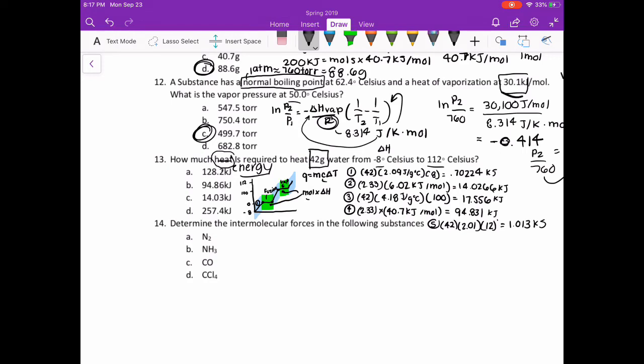For problems like these, you might want to expect that it might not be a full sequence of heating ice, melting ice, heating water, vaporizing water.